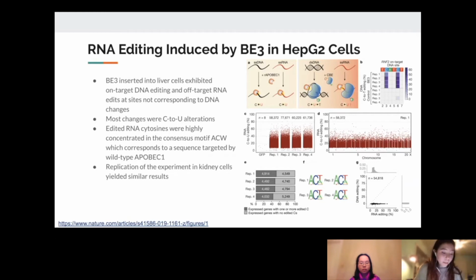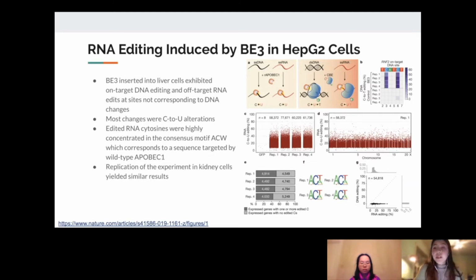So we tried to transform these cells using both the positive, with R-ApoB-C BE3, and the negative control, BE3 minus the R-ApoB-C, along with a guide RNA that was targeted to a specific site in the genome called the human RNF2 gene site.